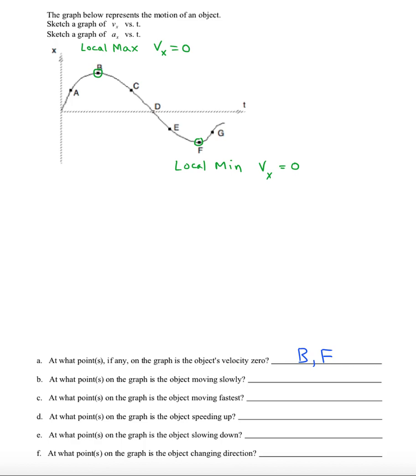And anytime you change direction, that means for an instant, your velocity has to be 0. Here we're headed in the negative x direction. We stop for an instant and then head back toward the positive x direction. So that is also going to be a point where the velocity is instantaneously 0.